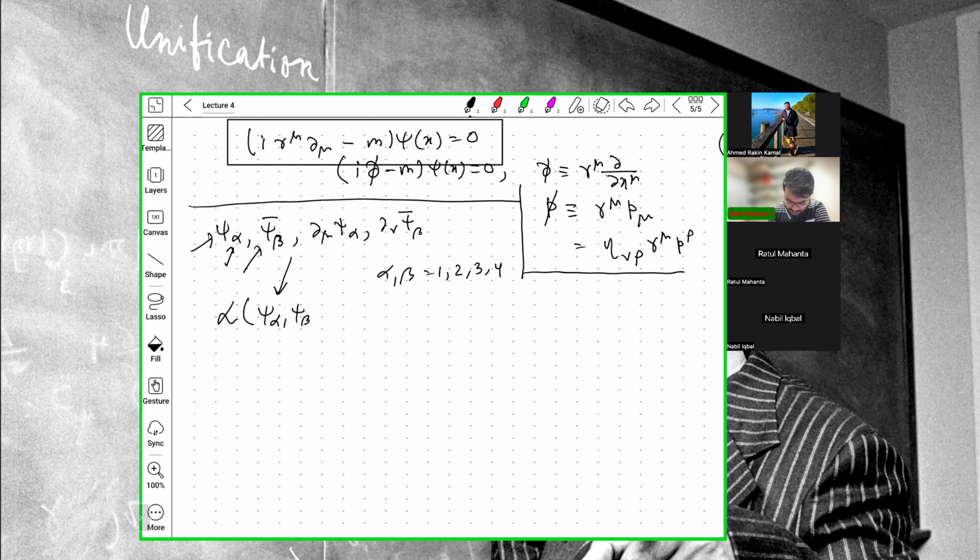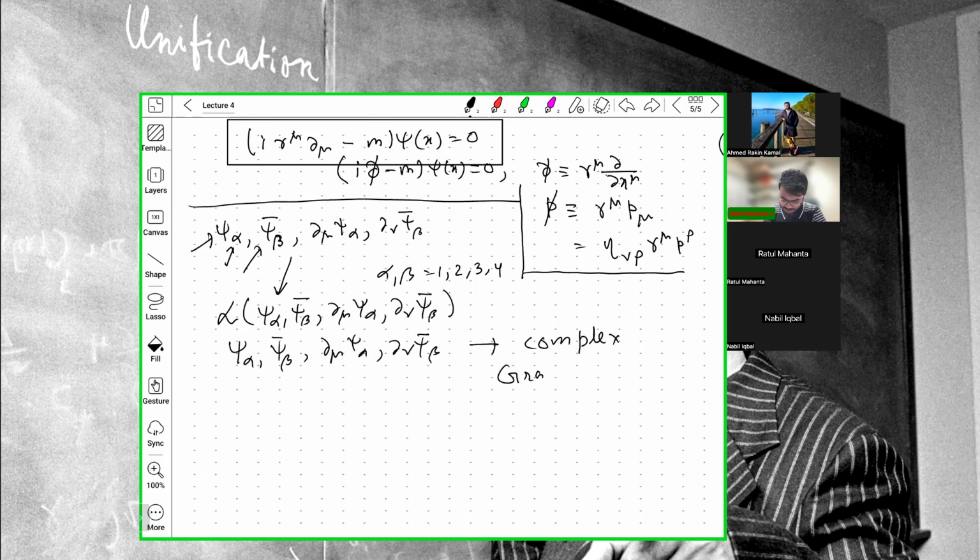We will write a Lagrangian soon. But this quantity will be complex Grassmann variables.